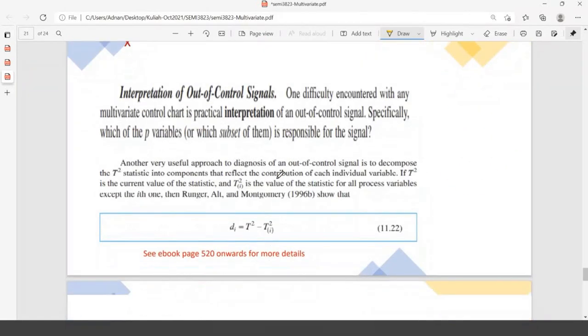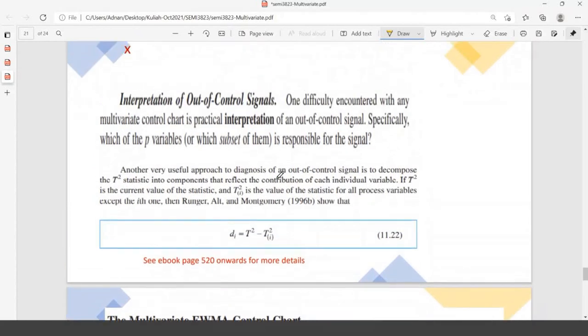There are some different opinions among scholars. Some suggest trying to separate, to know which is the culprit in this out-of-control point. They suggest separating it using decomposition.